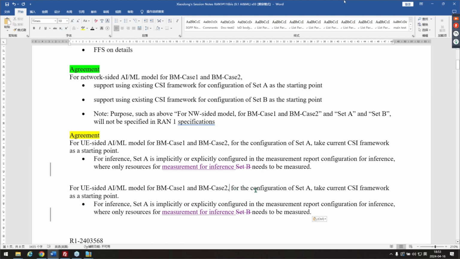I don't want to list. I'm not sure if it can make it clear. It's not for inference only, for all the purposes.